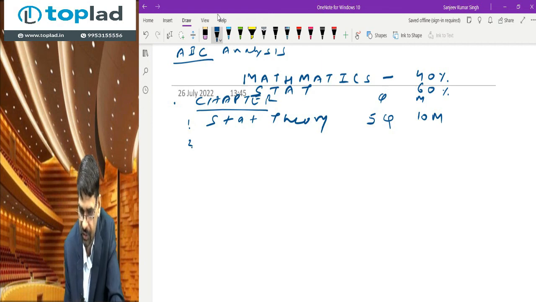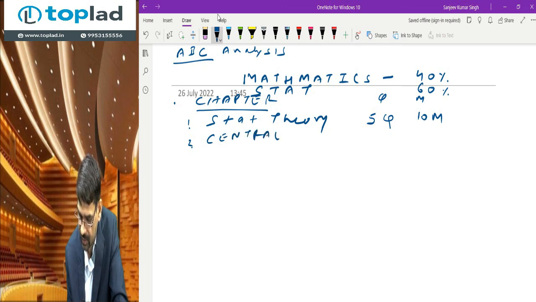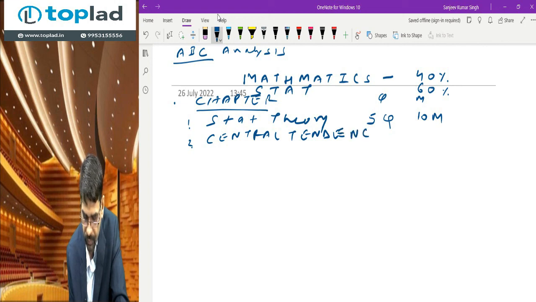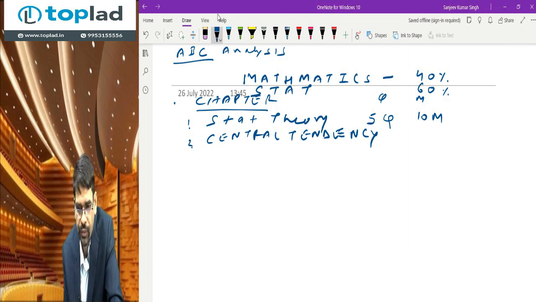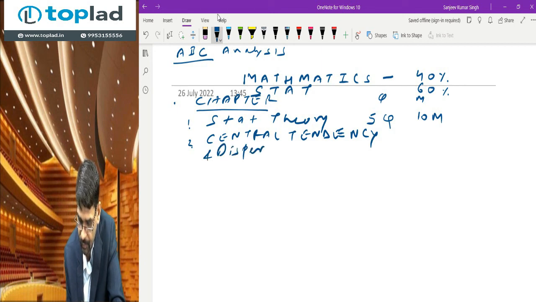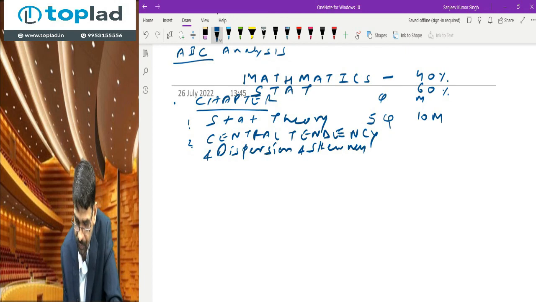And the second one is central tendency, dispersion and skewness.